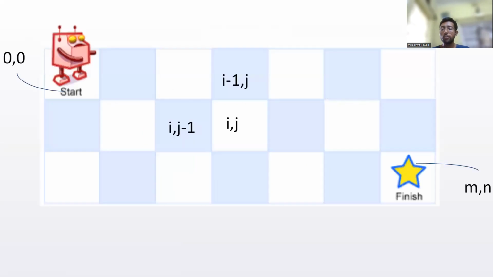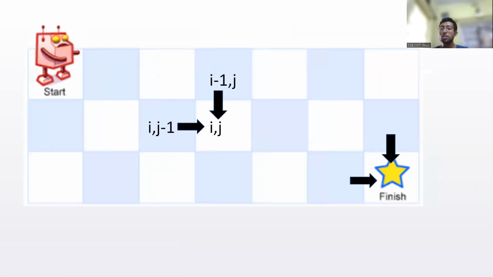If this is not clear, suppose in this maze we have a cell (i, j), and we want to reach that cell. The only way we can reach this cell is that from (i-1, j) we can come down, or from (i, j-1) we can go to the right. These are the only two ways we can reach it, and this has been shown in this image.